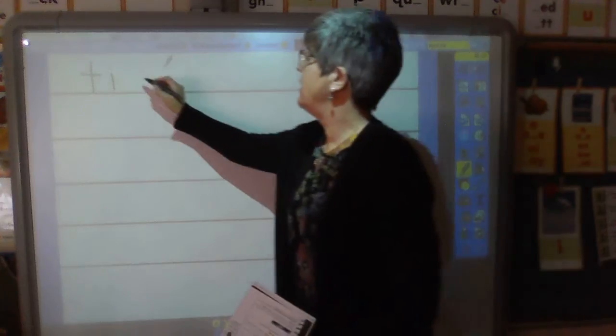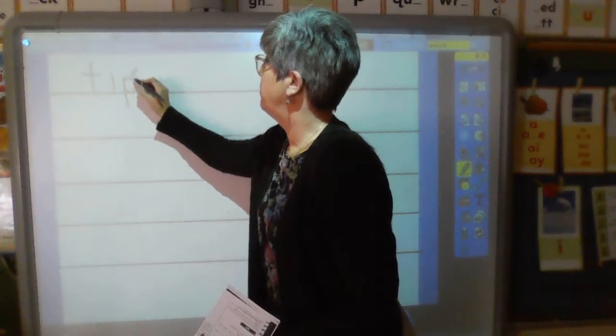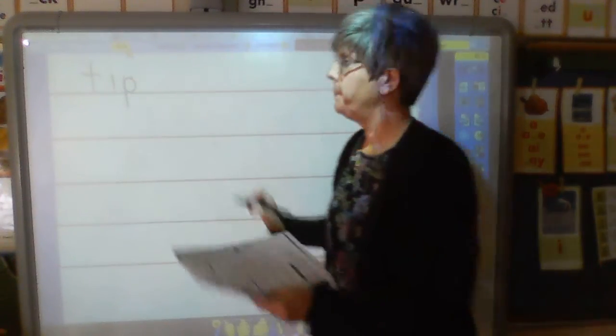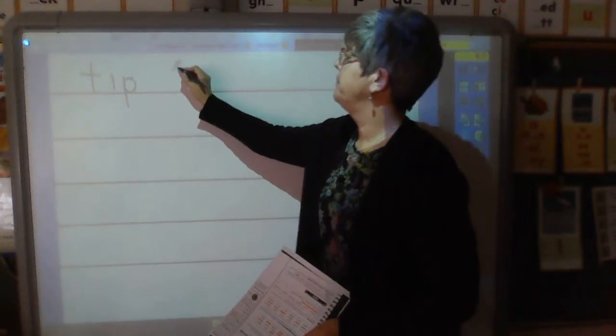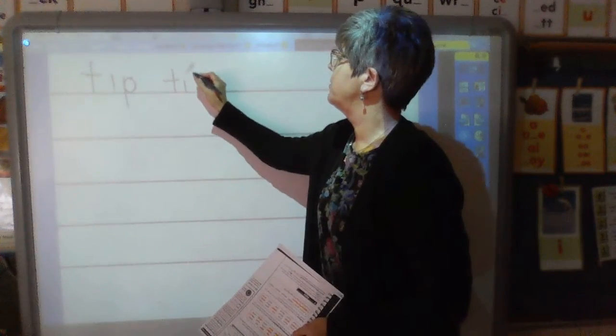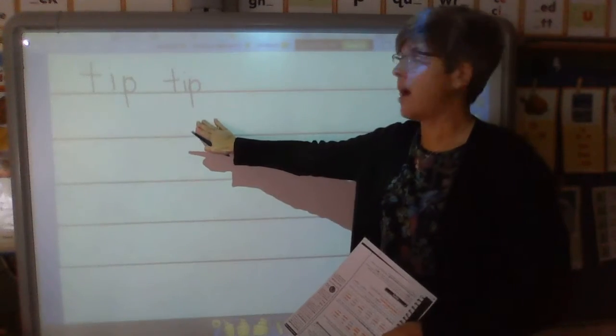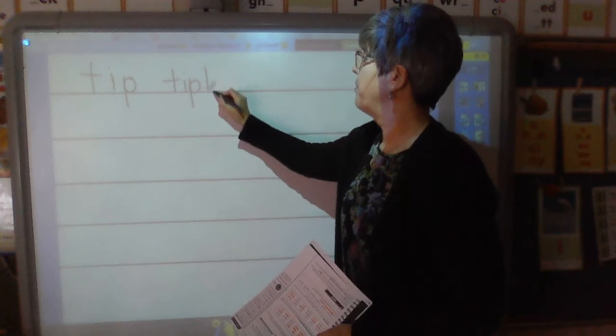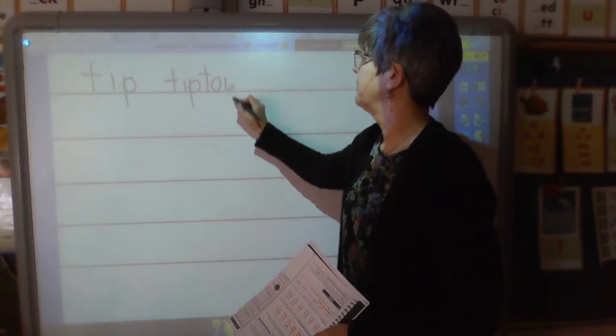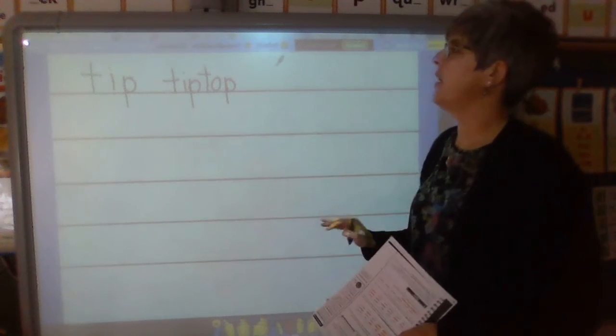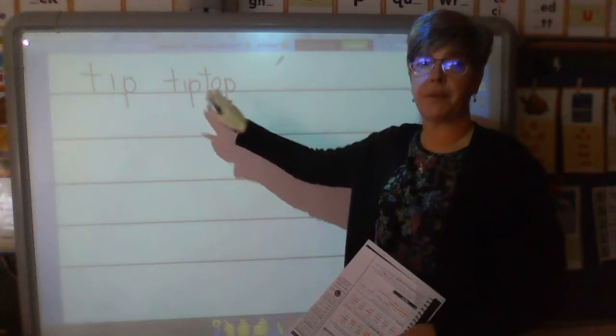Blend and hold. Tip. What's the word? Tip. Now if I take the word tip, and I write the word tip, and then I'm going to make that into a compound word, I'm going to add the word top. Okay, so second grade, I want you to say tip top.